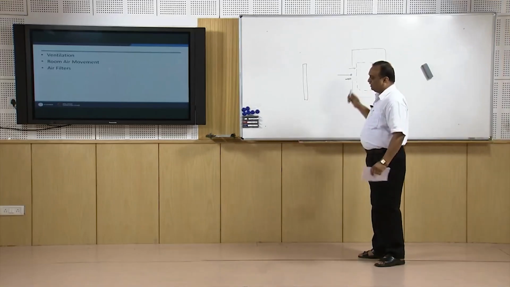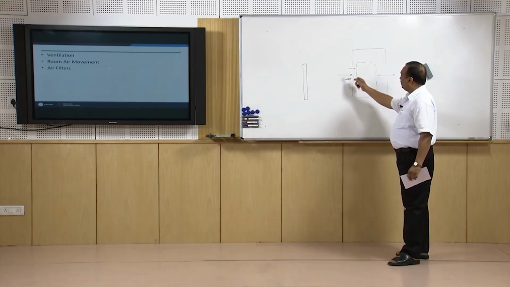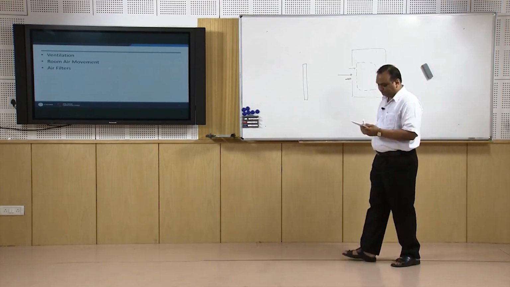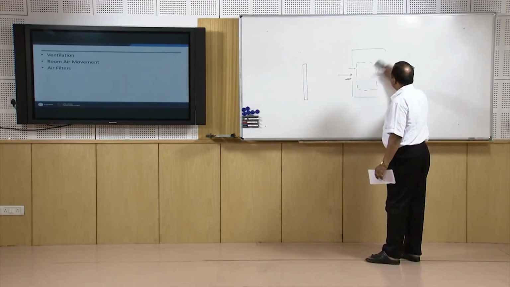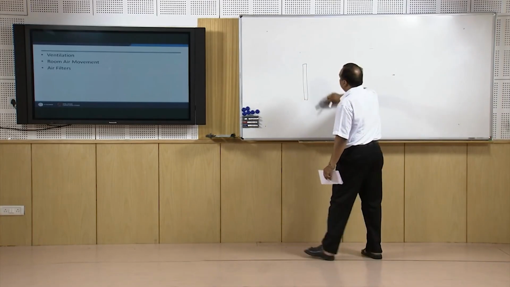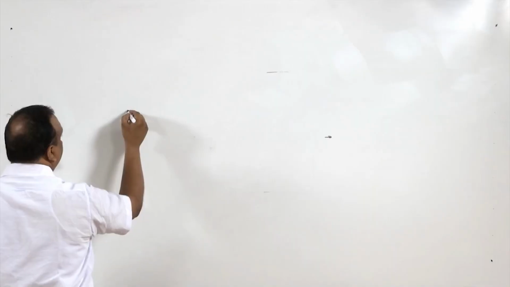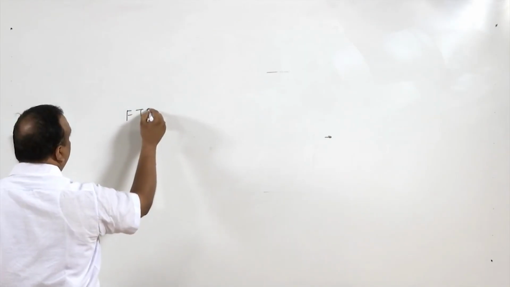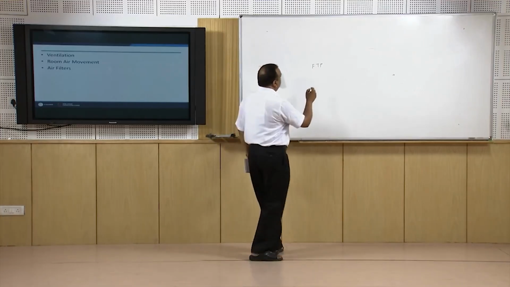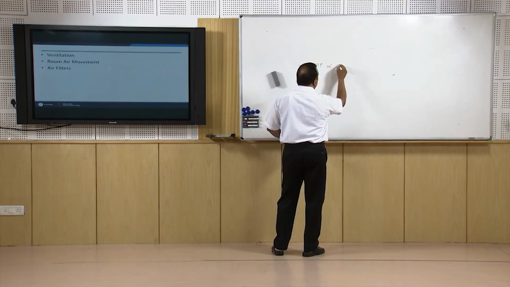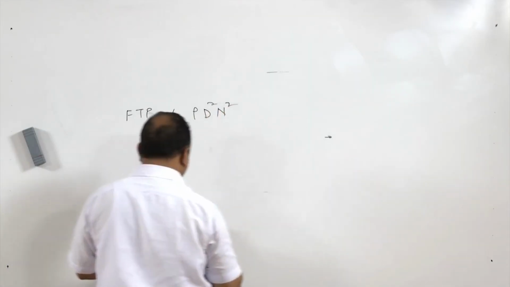So there are two types of flows in a room. One is entrainment flow, another is displacement flow. And this flow is always controlled by the fans. In a fan, we all know there is a fan total pressure FTP, and FTP is proportional to rho D squared N squared.